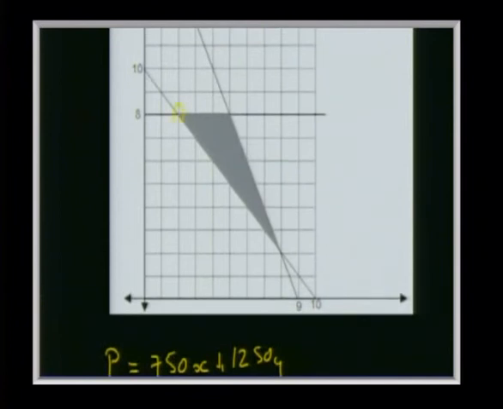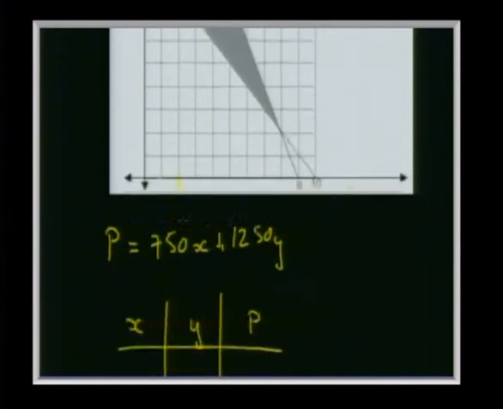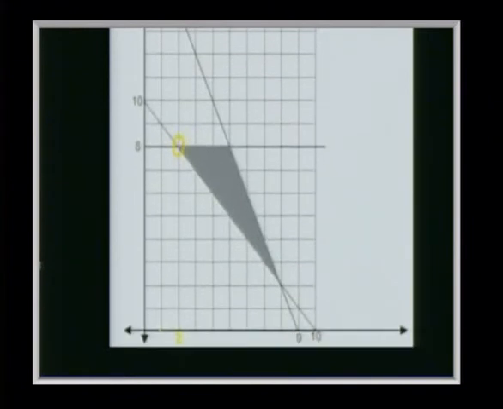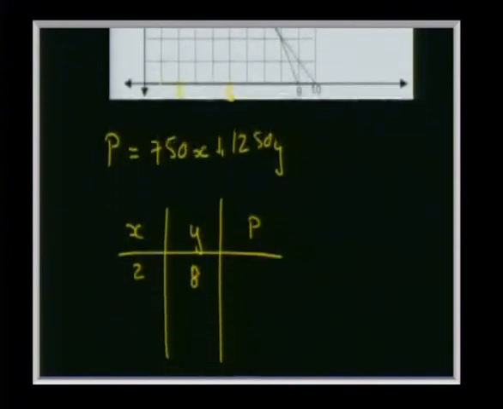Well, the first point I'm going to look at is that point over there. That's going to be the point 2, 8. So my x is 2 and my y is 8. Let's look at the next point. That point over there is going to be the point 5, 8.